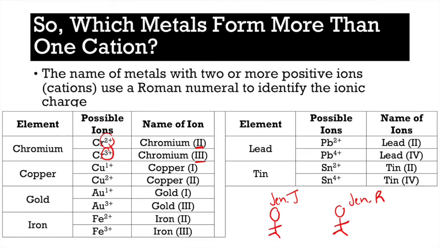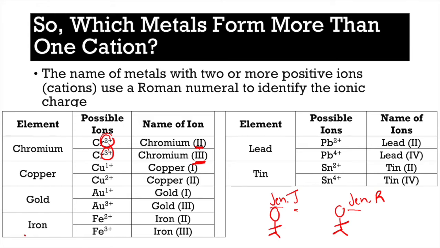Or I say, hey, Jen R, then that Jennifer knows that I'm talking to her. So just like if we have two Jens, now we have to use their last initial. Same thing with these elements. If I have chromium in my compound, I have to say, is it chromium 2 or chromium 3? So these Roman numerals act like last names for these elements.